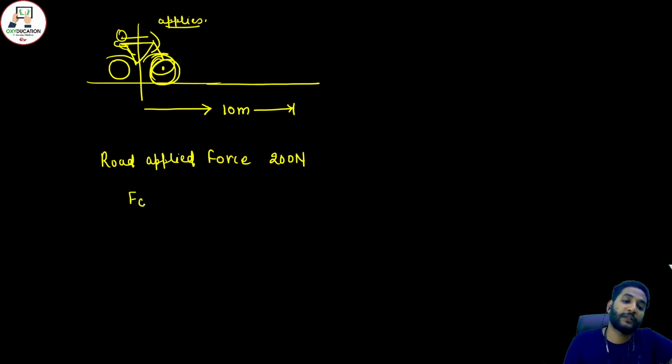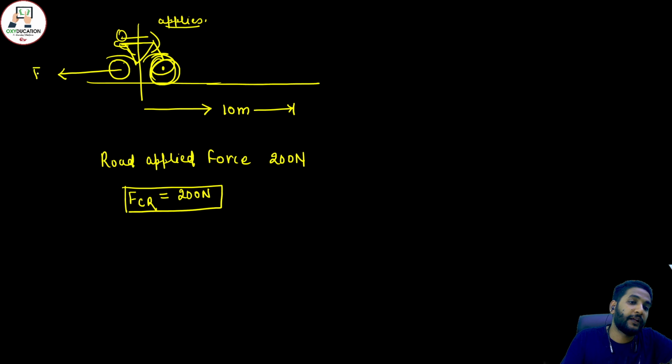So the force on the cycle due to the road is 200 Newton. And what is this force doing? It is opposing the motion, meaning the force is acting in the backward direction, FCR.